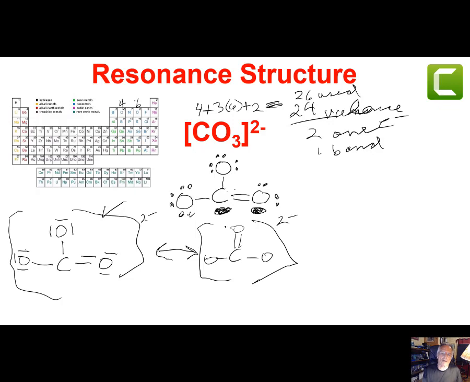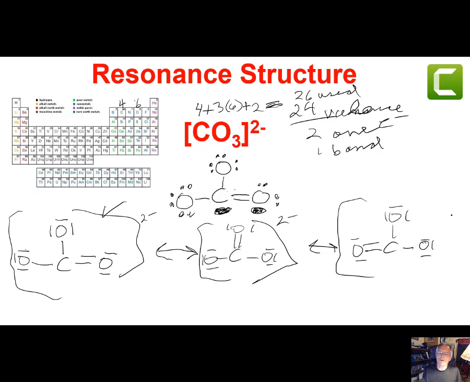Now that I can use lines and you understand what they mean, this is one of my resonance structures. And then I can have another resonance structure where the double bond is over here, with a single bond here and a single bond indicated over here.